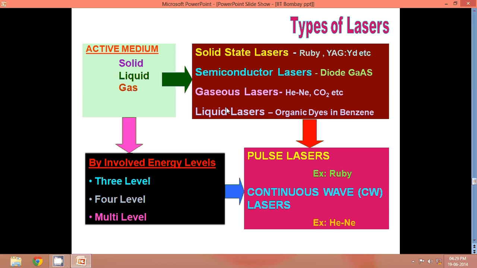If 3 levels, 4 levels, or multi-levels are involved in lasing action, we call them 3-level, 4-level, and multi-level laser systems. Some lasers give the output continuously, some produce output in a pulsed, discrete manner. Those are pulsed lasers, and those giving continuous output are called continuous wave, CW, lasers.